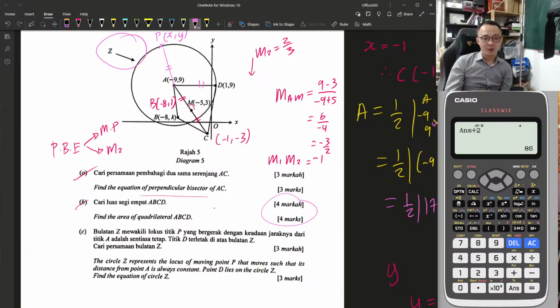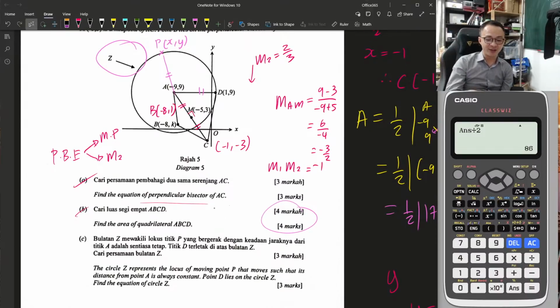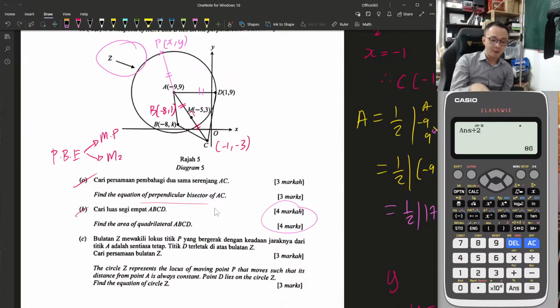So what I want to do now is find the distance AD. AD equals the square root of (x minus x) squared plus (y minus y) squared. Actually you can see straight away this is about 10, but you can use the distance formula and you will still get 10.